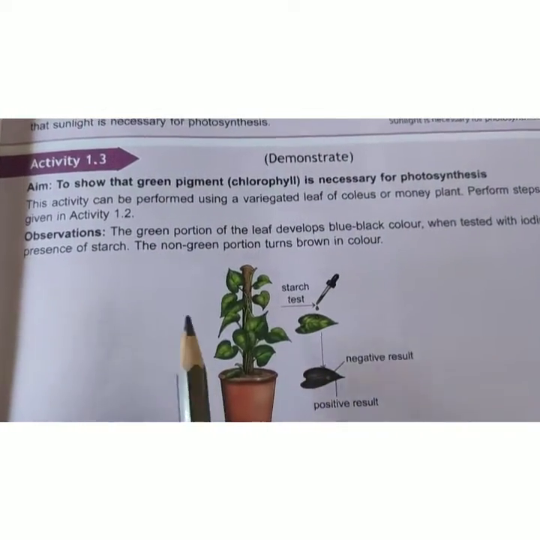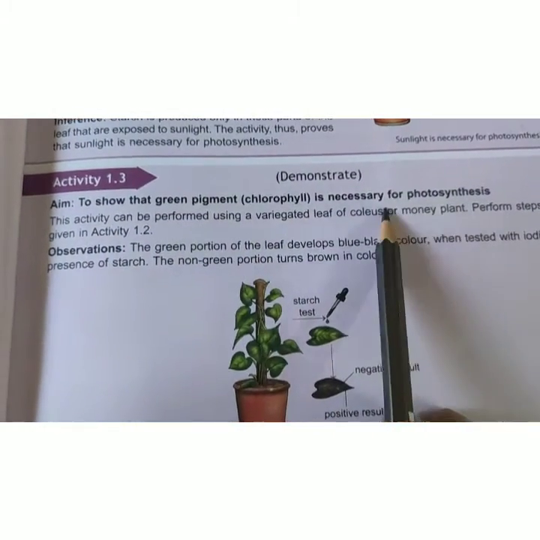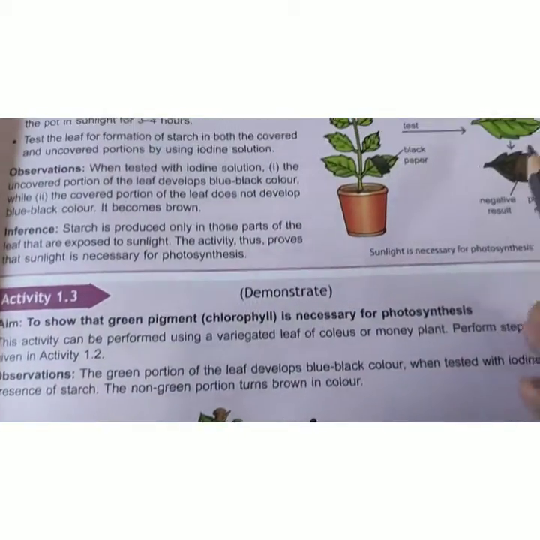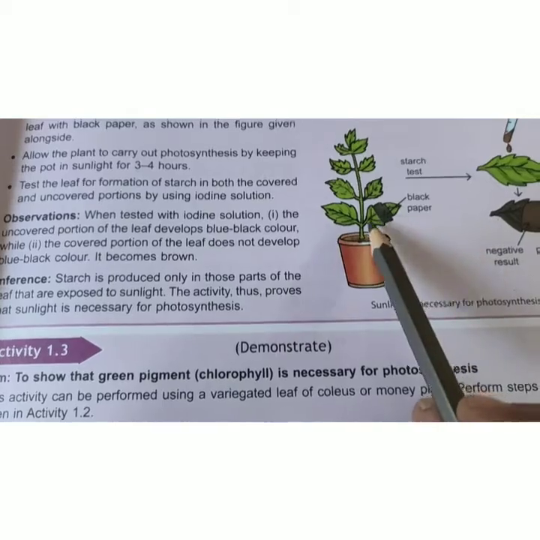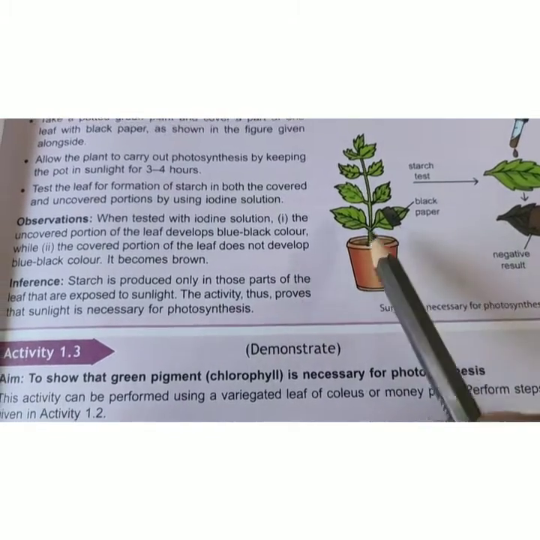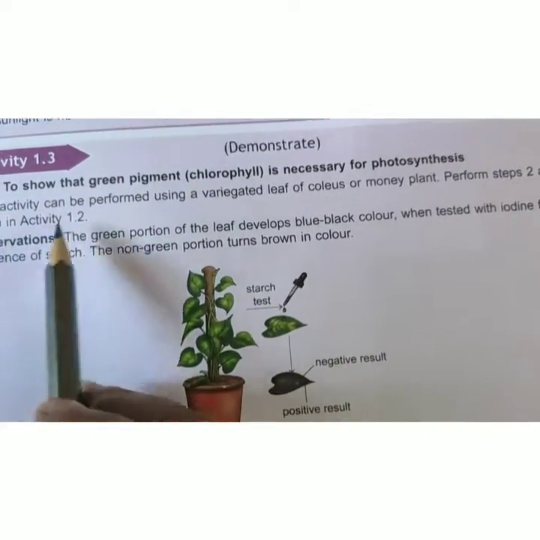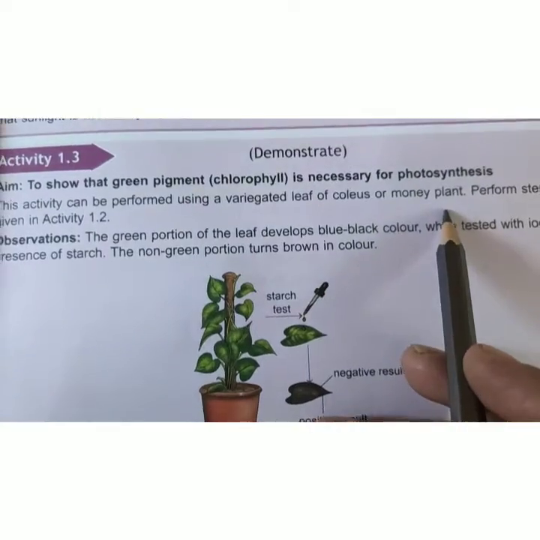Now let's come to the third experiment, to show that green pigment is necessary for photosynthesis. This activity can be carried out with the variegated leaves of coleus or money plant.